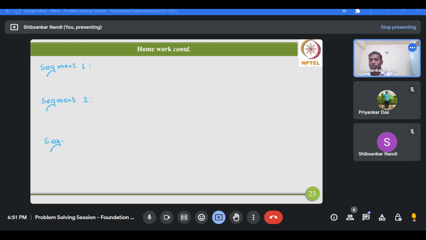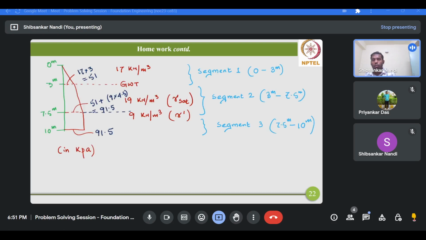For segment 1, first you need to know the average effective vertical stress. Sigma AB prime is 51 by 2, in kPa, for segment 1.